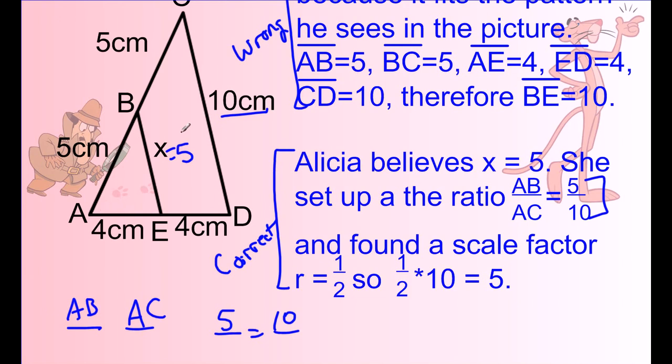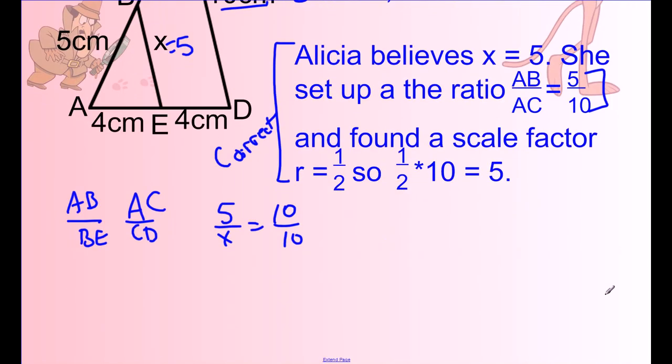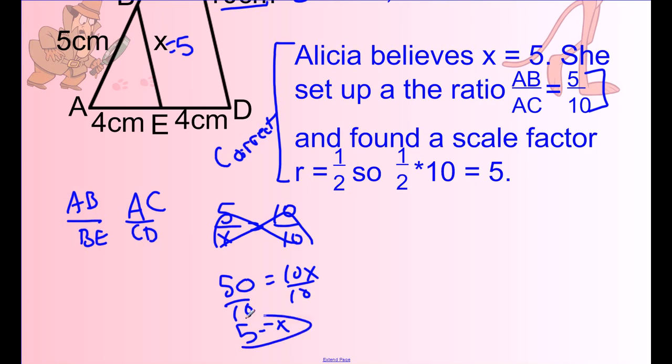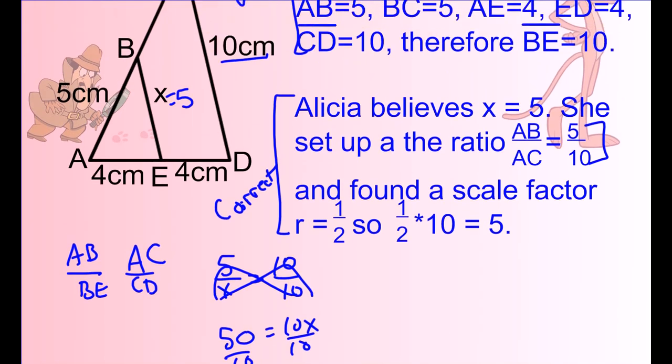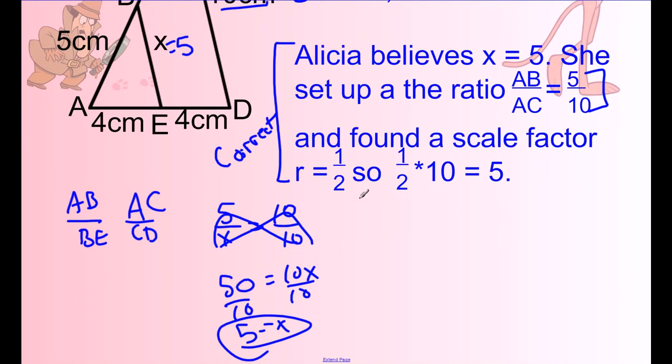Maybe this here, BE, would correspond to CD, x over 10. And if you cross multiply, you get 50 here, you get 10x here, divide by 10, x equals 5. So you could have verified that Alicia had the correct method without even doing it her way, by doing it another way. So she is correct.